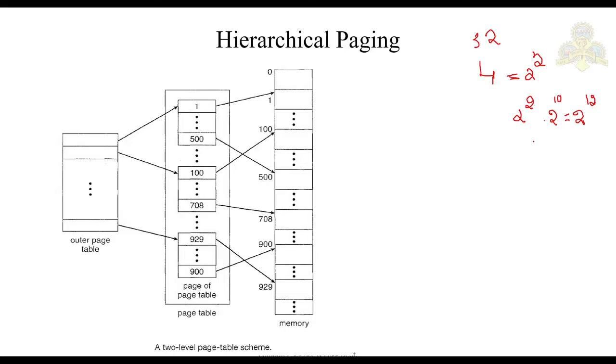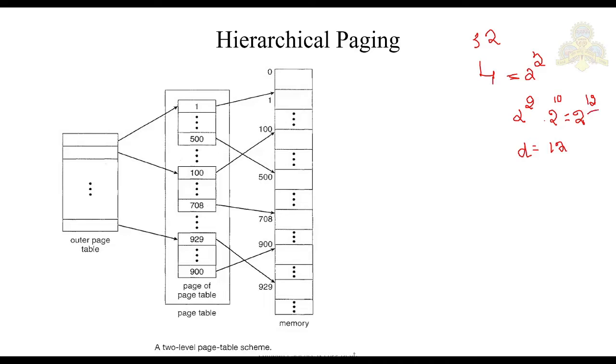Whenever a logical address is generated by your CPU, it would be divided into two parts: one is your page number and the other one is the offset. In this example, the offset, the value of d, becomes 12.